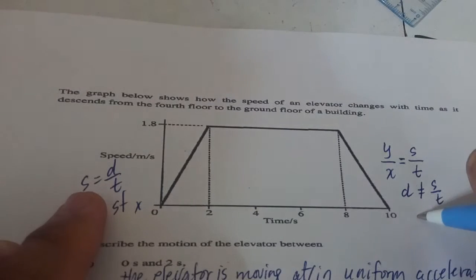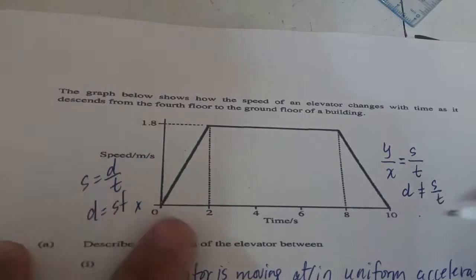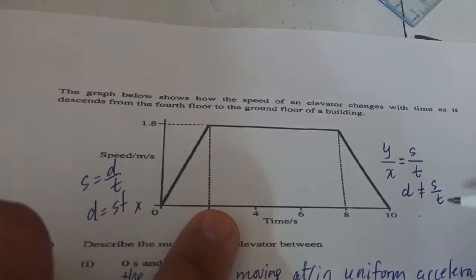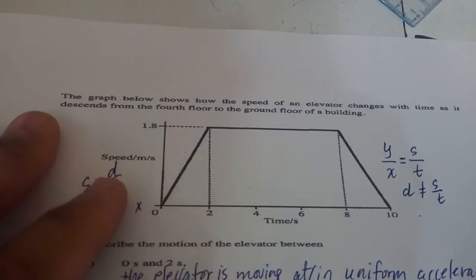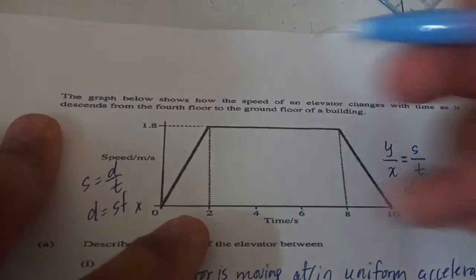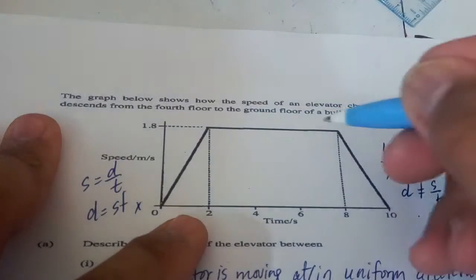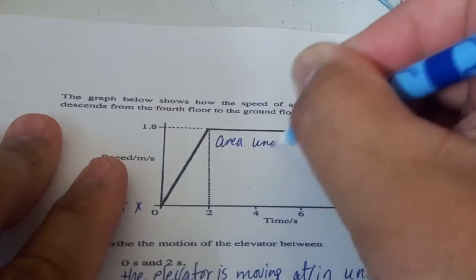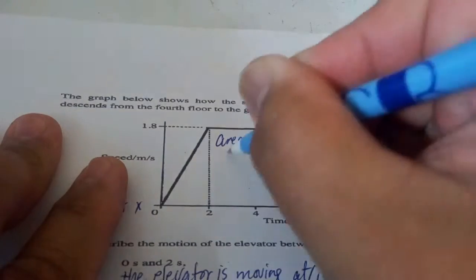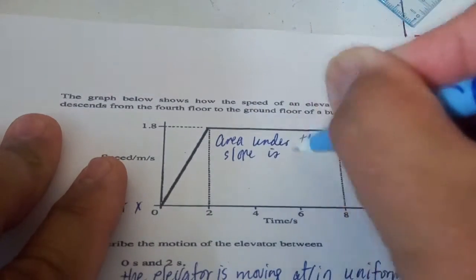You cannot use the formula by just multiplying the speed and the time. You need to use the formula which is the area under the slope is the distance.